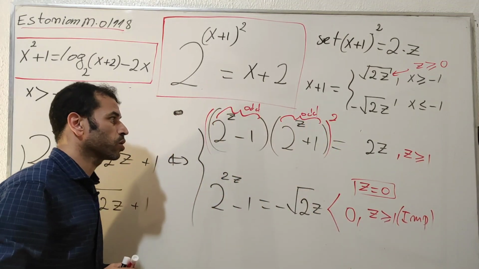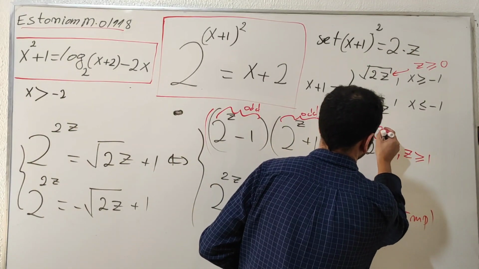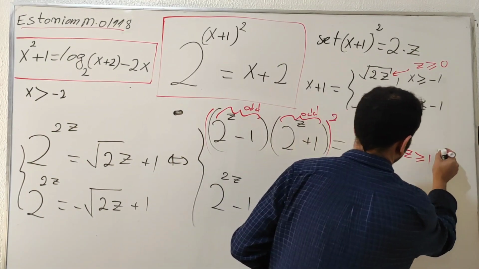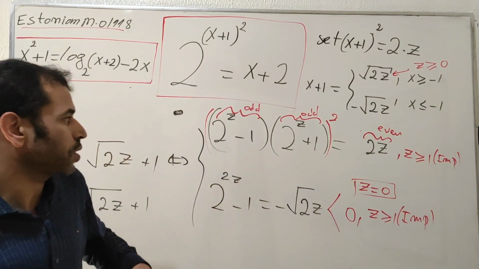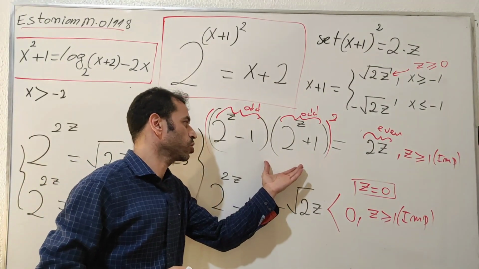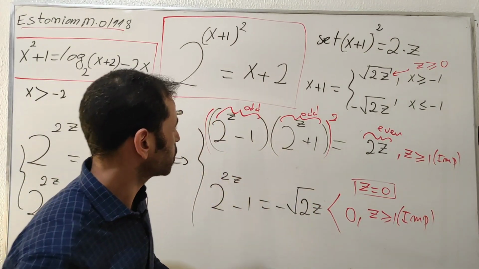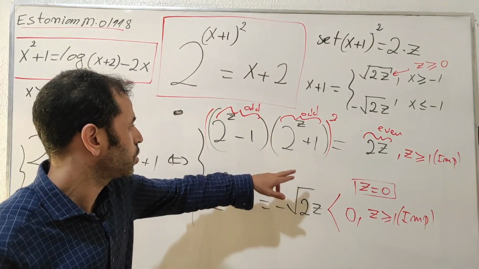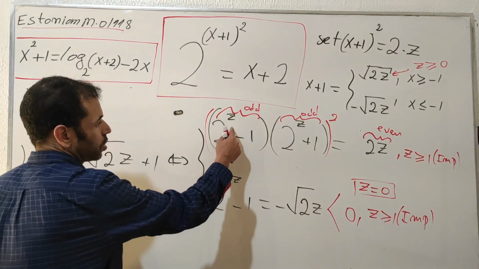We know odd multiplied by odd is going to give us odd, but this one is even. What does that mean? This means impossible. So we have a possibility to have a solution only if we give z equals 0.